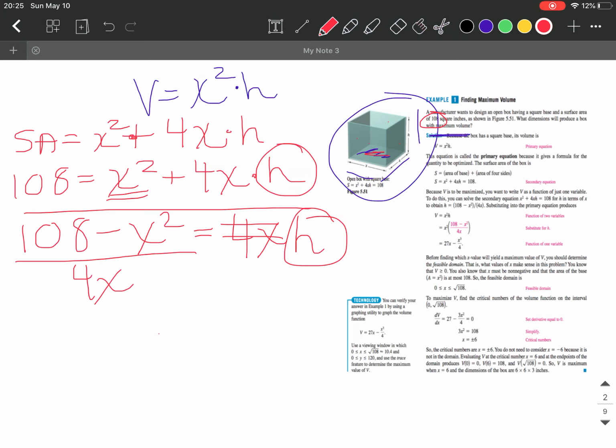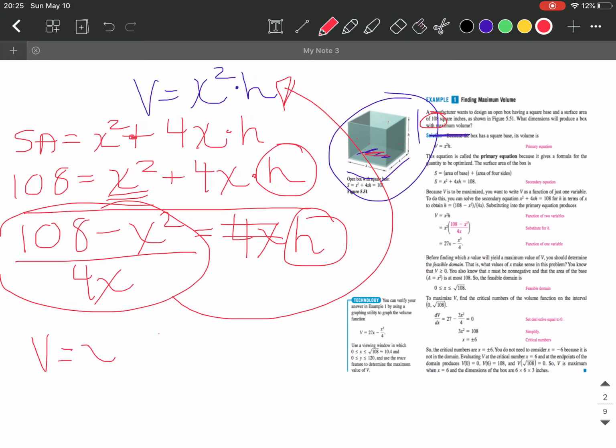So now that I have that h is equal to this, I can go to the main equation and substitute for h in there. So I'm going to get volume equals x squared times 108 minus x squared over 4x.